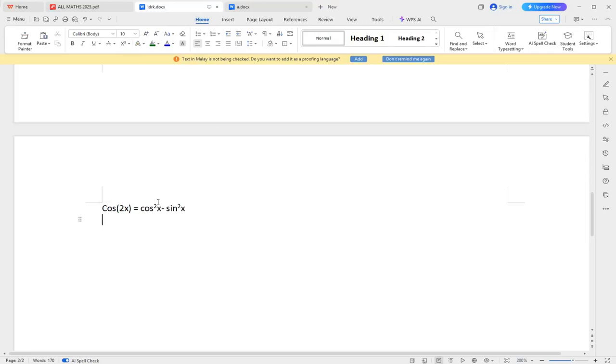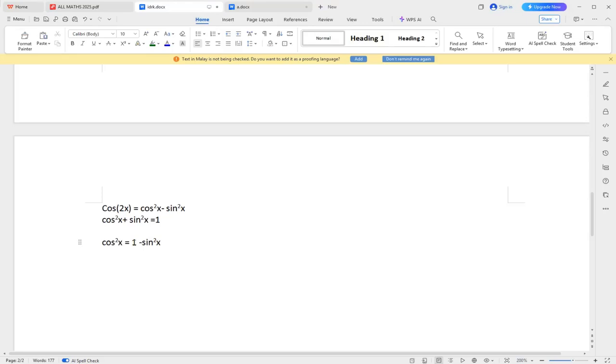We move to the second identity, which is the Pythagorean identity, which says that cos squared x plus sin squared x is equal to 1. From here we can understand that cos squared x is equal to 1 minus sin squared x.